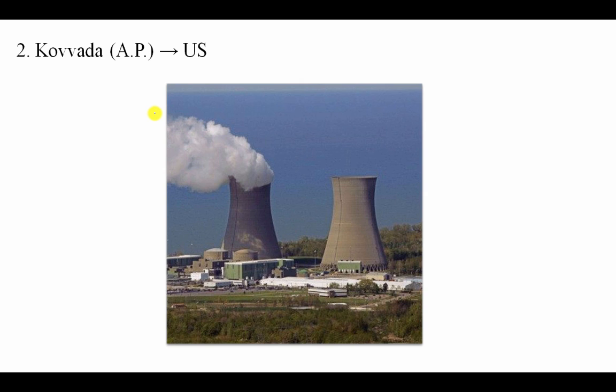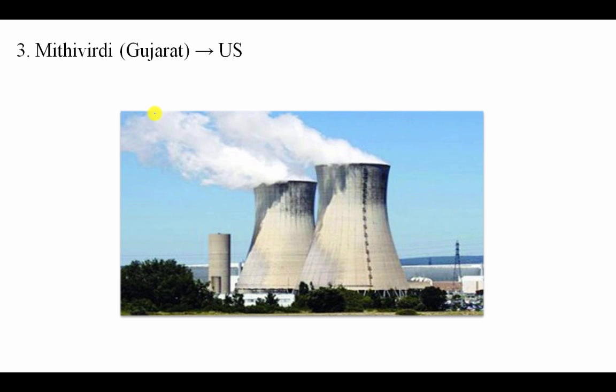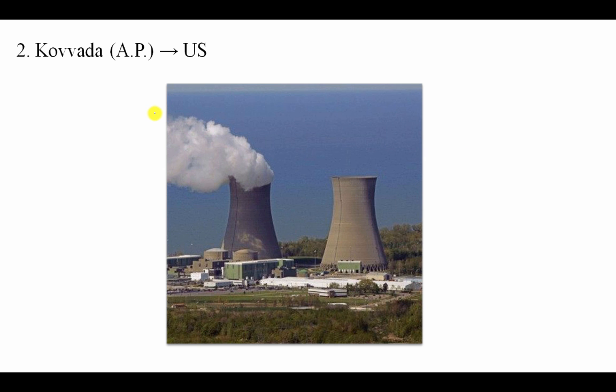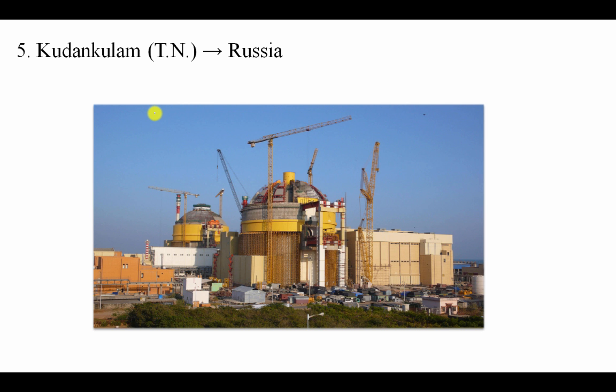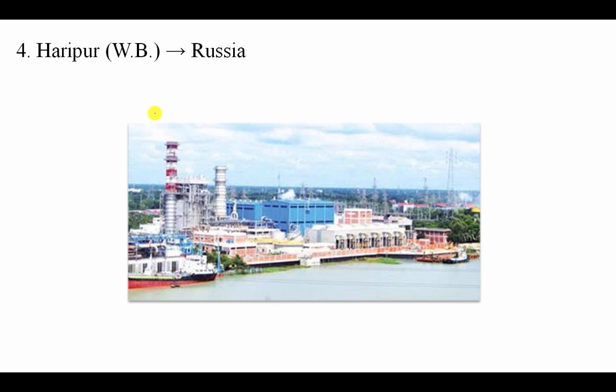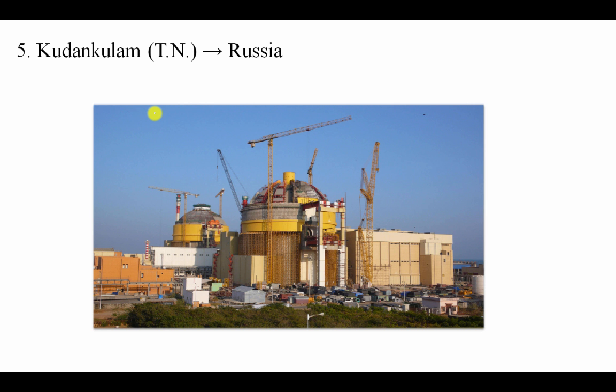Second, Kovvada. Kovvada atomic power plant is in Andhra Pradesh. The US is helping in that. Mithi Virdi is in Gujarat. Kovvada and Mithi Virdi, both these atomic plants are made with the help of the US. Haripur and Kudankulam. Haripur is in West Bengal, and Russia is helping in this project. And Kudankulam, as I told you before, there is already a power plant working in Kudankulam.